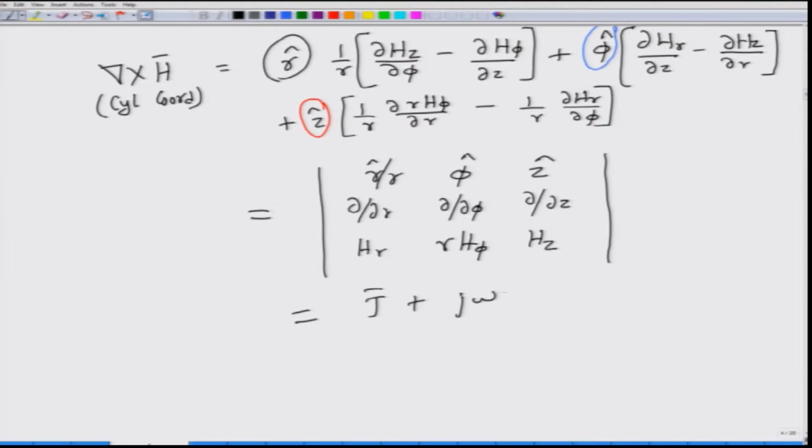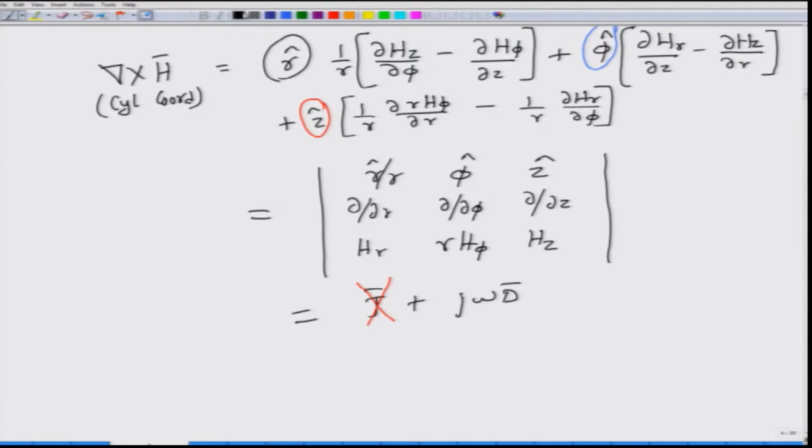So this becomes j omega D. Luckily for us, J will be equal to 0 because there is no current inside an optical fiber, because the optical fiber is made out of a dielectric region. We are assuming it to be a perfect dielectric, with no losses, therefore this term will be equal to 0. So lucky for us, J is not there, but you still have j omega D.